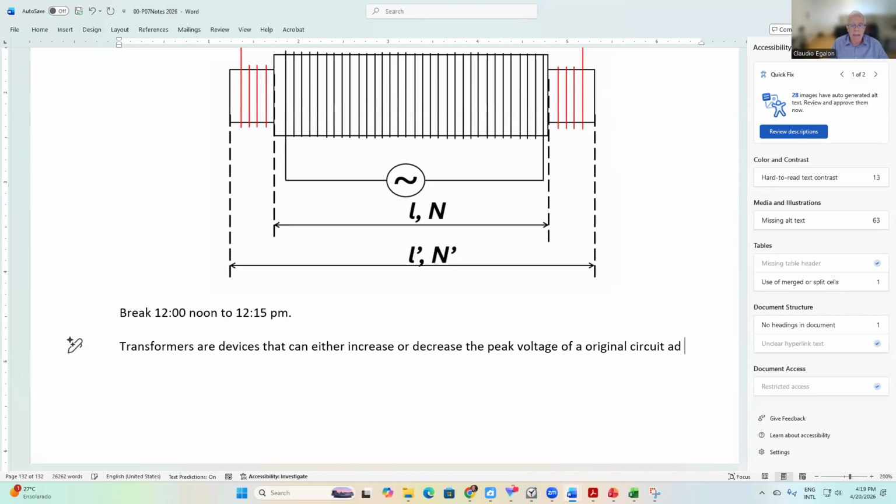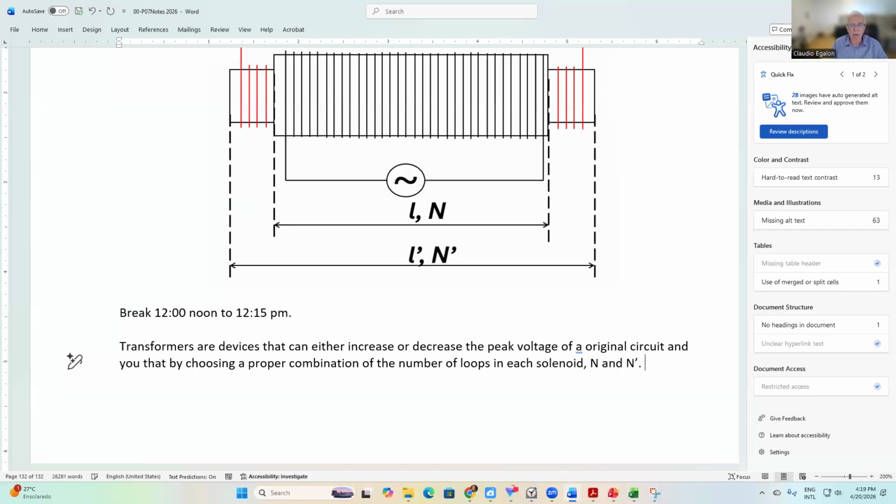Okay? And you do that by choosing a proper combination of the number of turns, number of loops, right, in each solenoid.